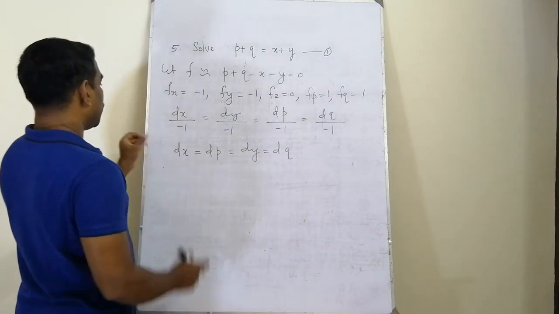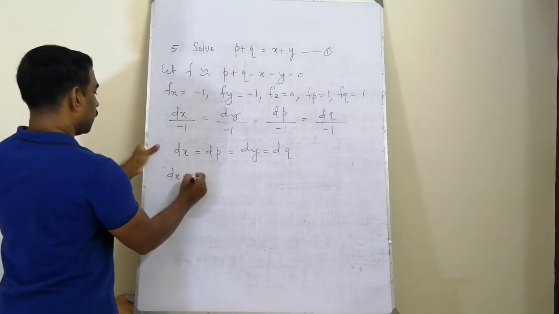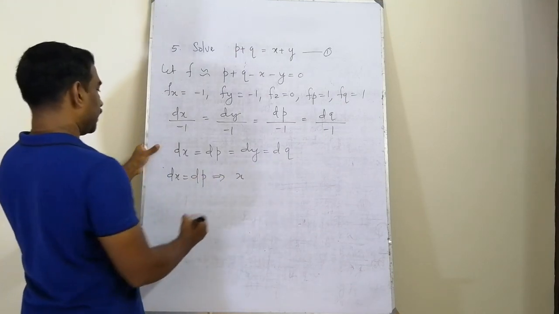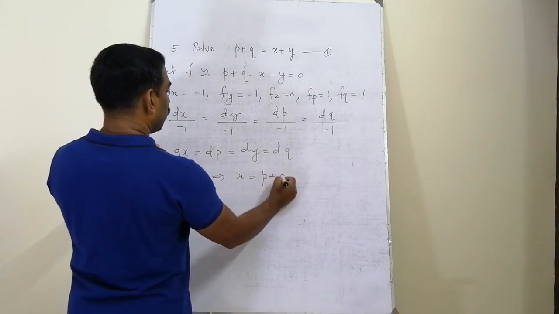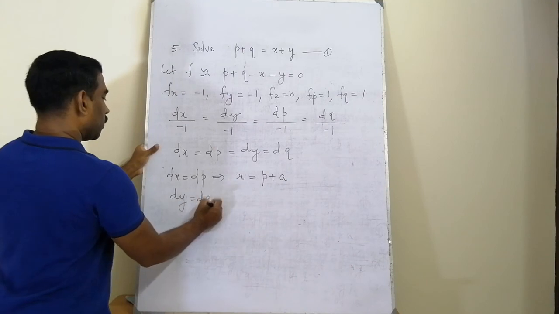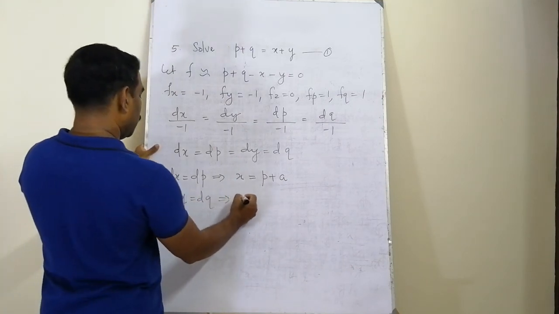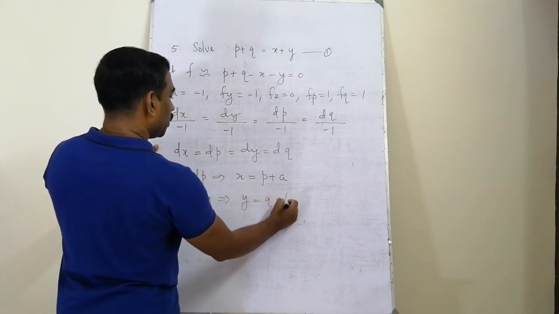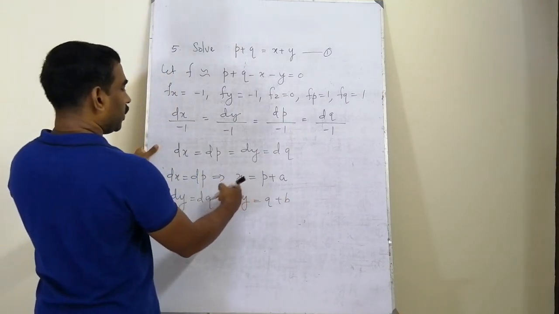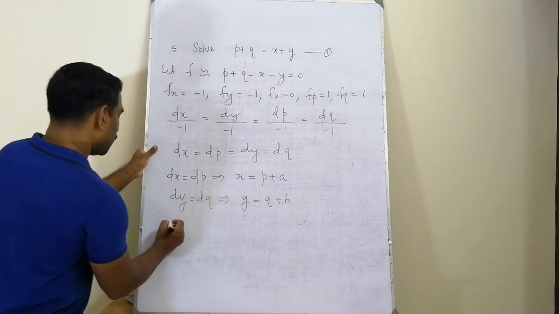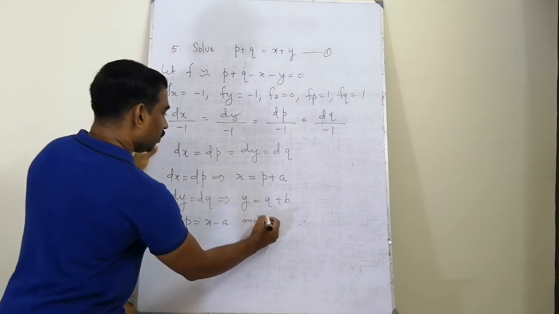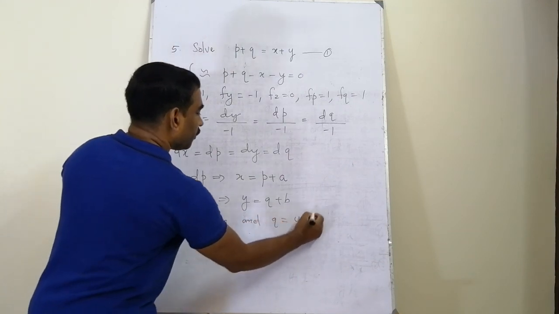Now the ratio dx equal to dp, on integration, will give x is equal to p plus some constant of integration say a, and dy is equal to dq implies y is equal to q plus another constant say b. So from which we can have direct values of p and q. So p is equal to x minus a and q is equal to y minus b.